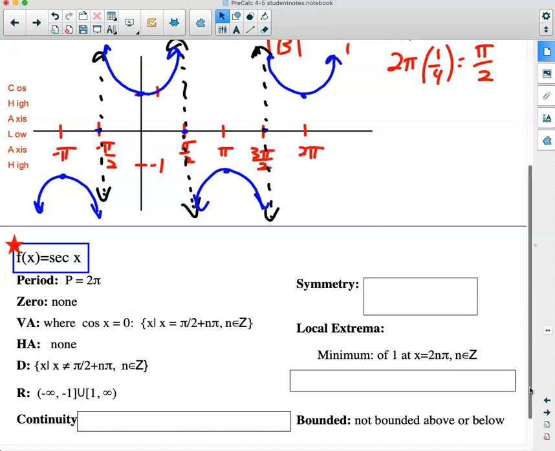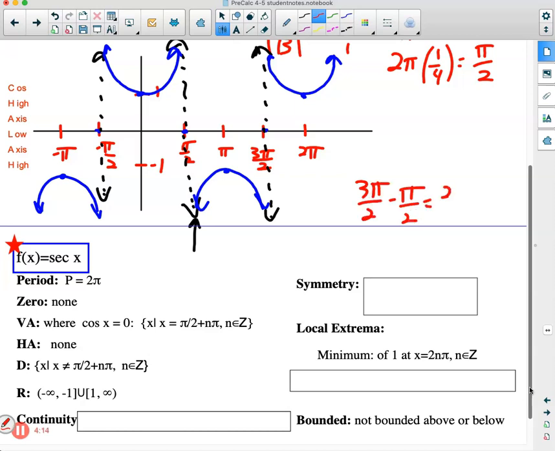Now our vertical asymptotes, if we take a look up there, we see they're negative pi over 2, pi over 2, 3 pi over 2, and you try to find a way to describe what on earth is going on there. And the easy thing to do is say, the first smallest asymptote that I have that's positive is pi over 2, and between 3 pi over 2 and pi over 2, if we do a little subtraction there, we get 2 pi over 2, which is 1 pi.